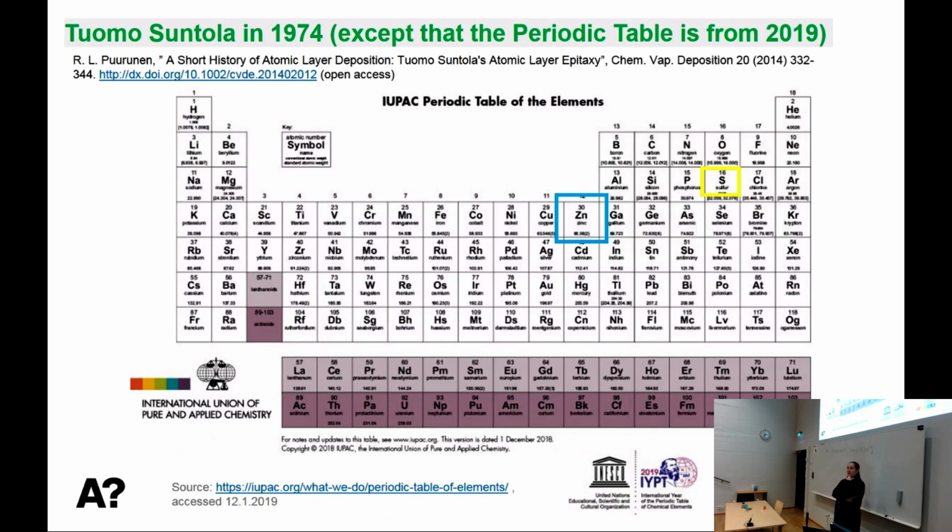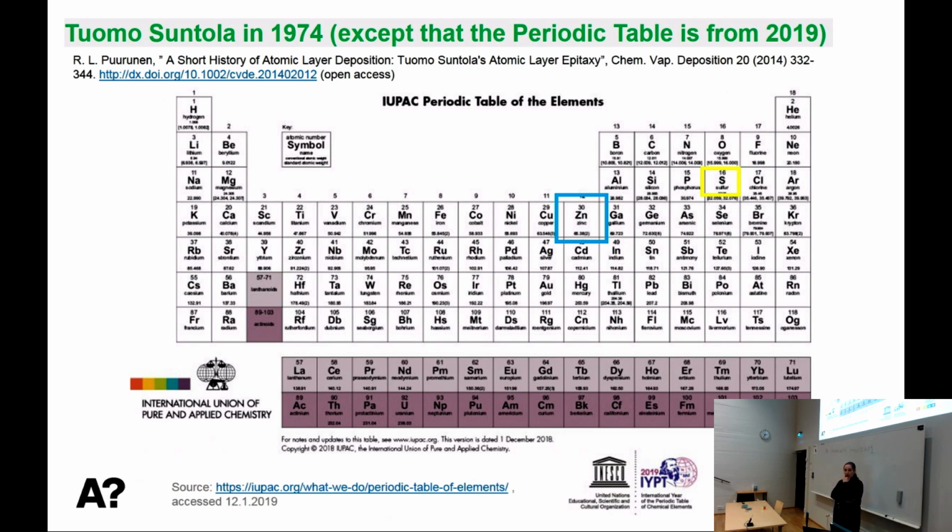Yes, it's the International Year of the Periodic Table, and it was the periodic table that inspired Suntola also to come up with ALD, as he has told, and as has been written down in an essay.